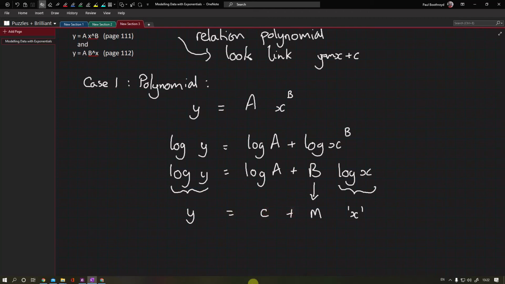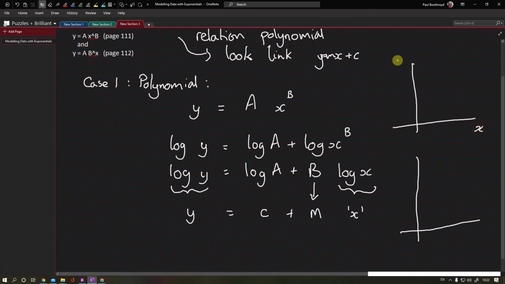So when we plot the graph, we translate all our points. You've got some data which originally looks like x and y, and it seems to do some of that. When you plot the log of x and the log of y, your points might not be exactly on there.